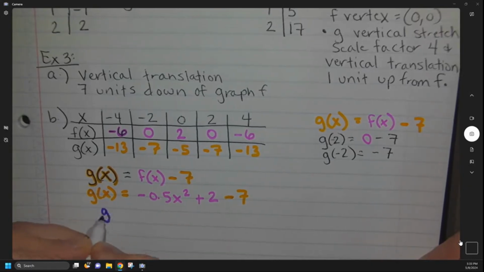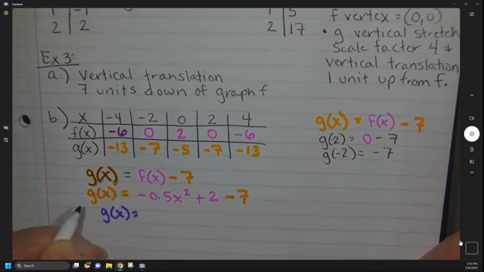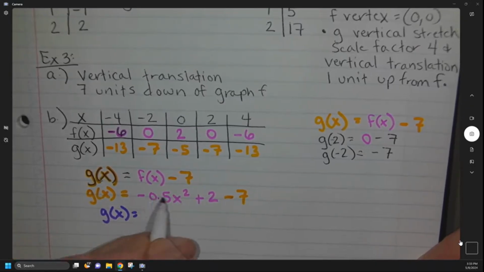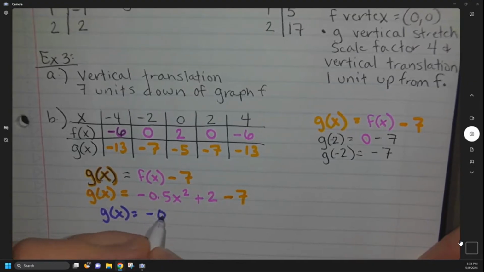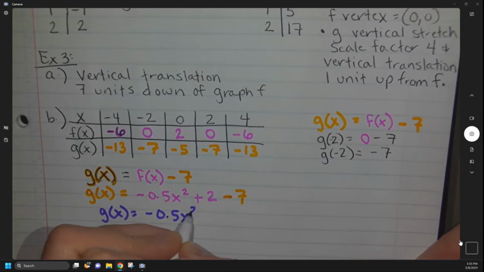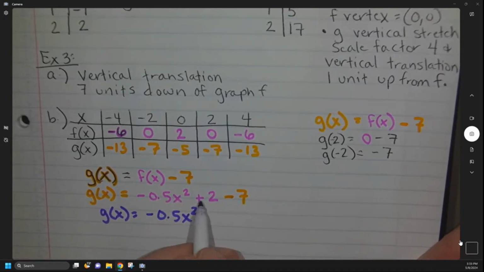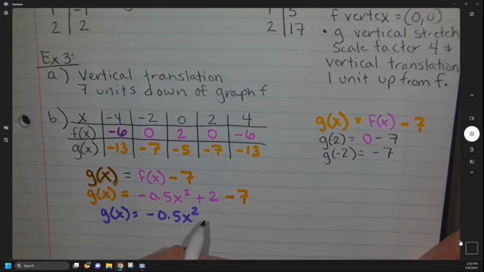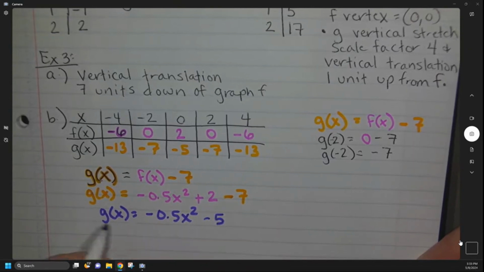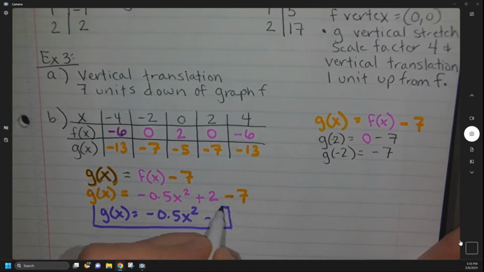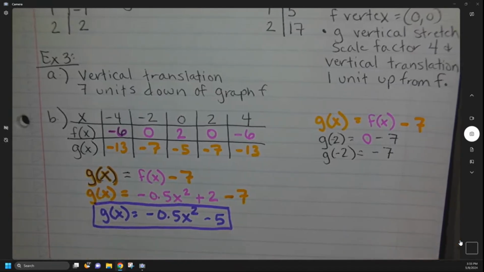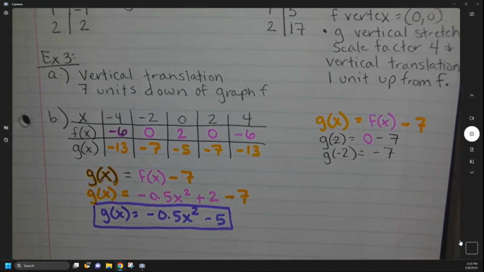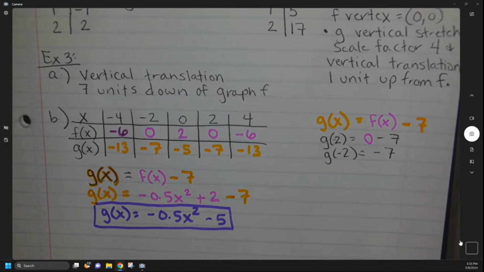We would have g of x equals, notice this -0.5x squared doesn't have a partner, no like term, so that stays, -0.5x squared. +2 and -7 combine to make -5. So g of x in terms of x is -0.5x squared minus 5.